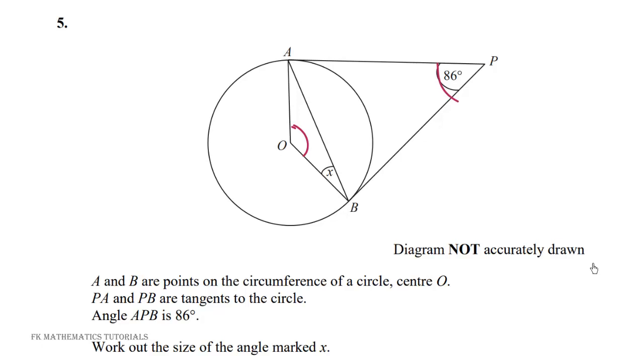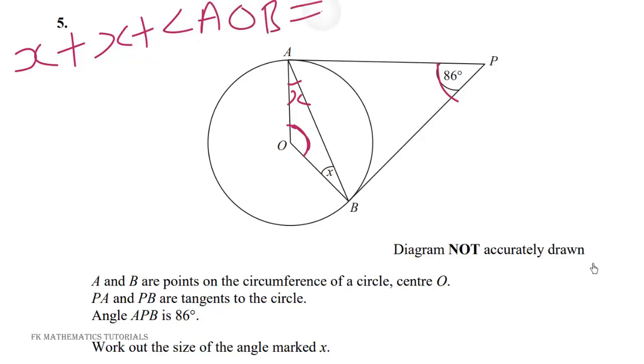So we know that X and this angle here is also x, because the base angles of an isosceles triangle are the same. So x plus x, sum of angles in a triangle, x plus x plus this angle here, angle AOB, is supposed to be equal to 180 degrees.